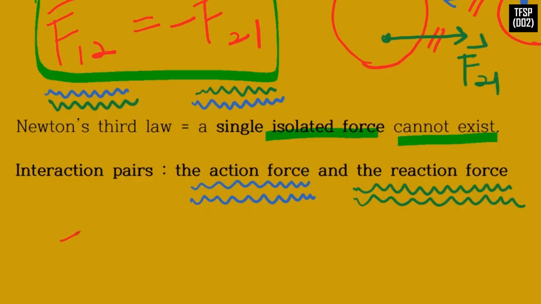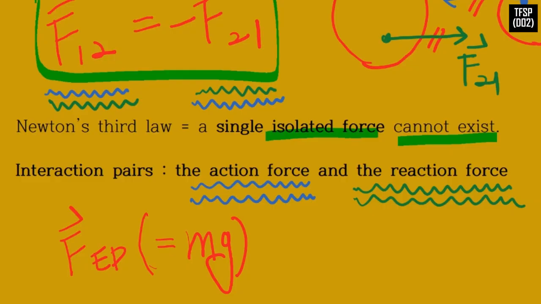For example, the force acting on a free-falling projectile is F_EP equals mg, which is the force of gravity exerted by the Earth on the projectile.